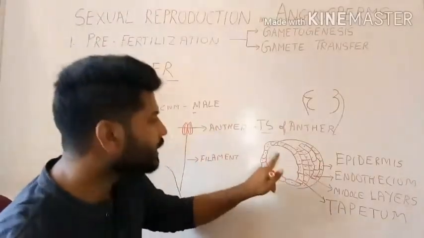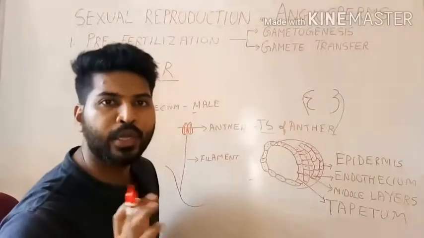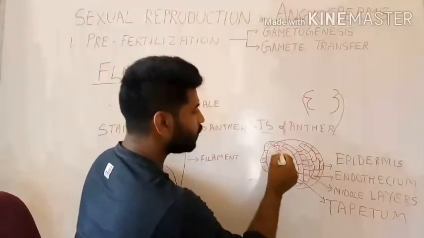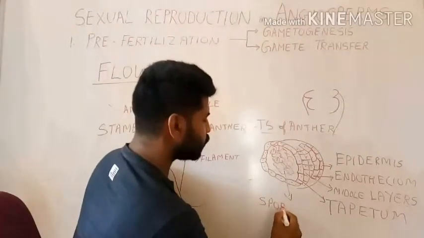grains. Inside the tapetum layer, when the anther is young during the early stages, it contains a mass of cells called the sporogenous tissue.